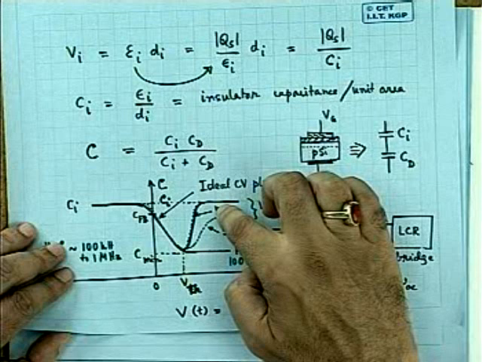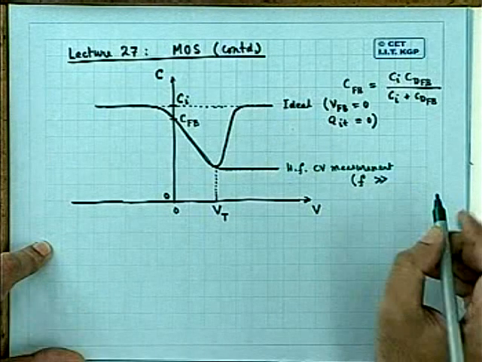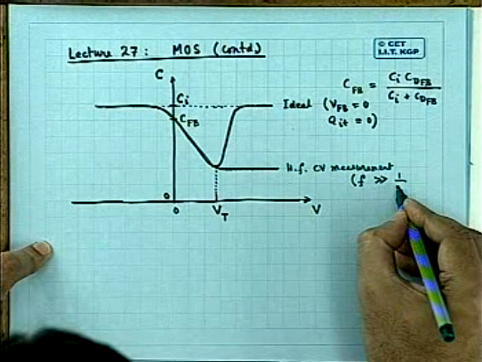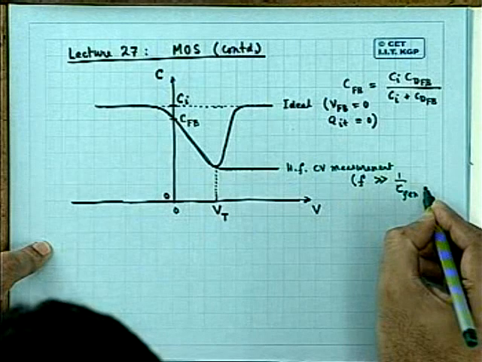High frequency normally defines a frequency for which this frequency f is large compared to 1 by tau generation. In this case it will be generation, thermal generation.